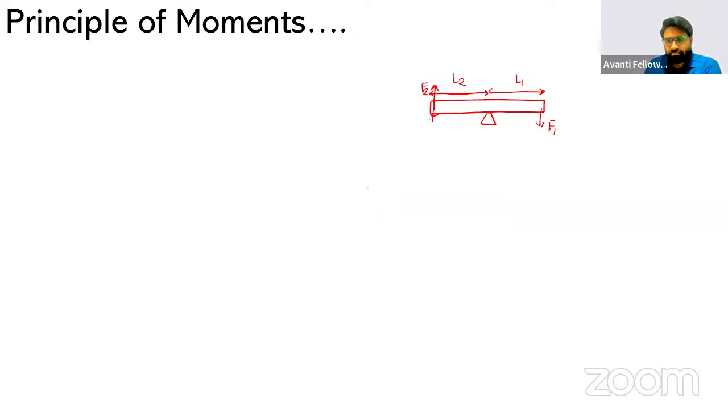Okay. So the principle of moments says that F1 L1 is equal to F2 L2, which means whatever force you are applying is inversely proportional to the length. Clear to everyone? Whatever force you apply is inversely proportional to the length.